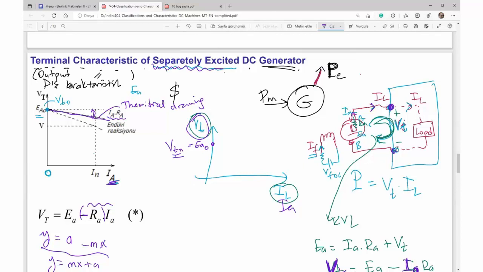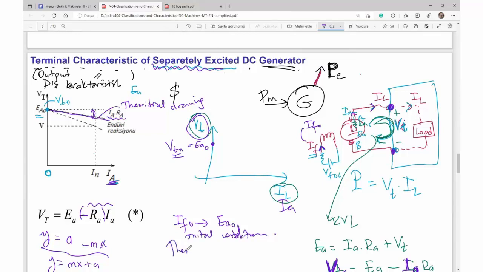To have rated output voltage, you should make some excitation. So here you have some excitation, let's call it IFO. IFO will induce EMF O. That is the initial condition.